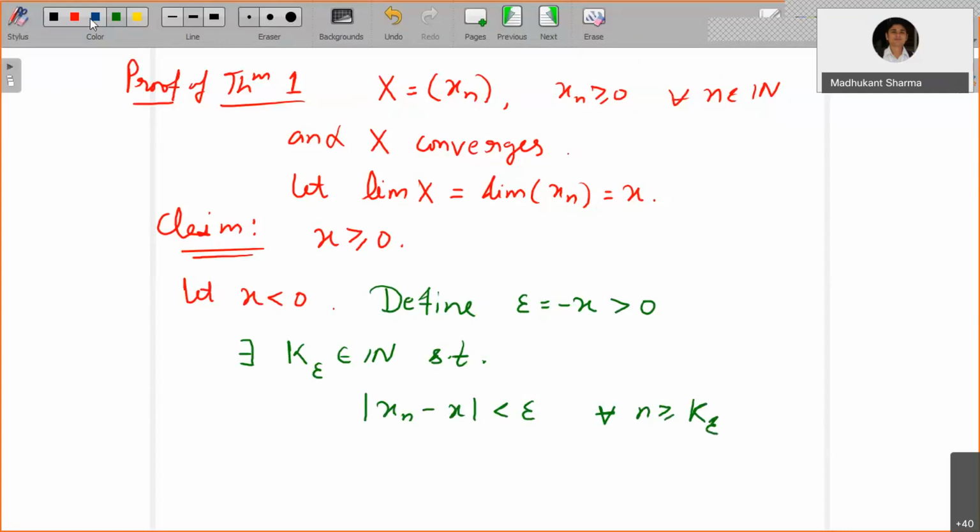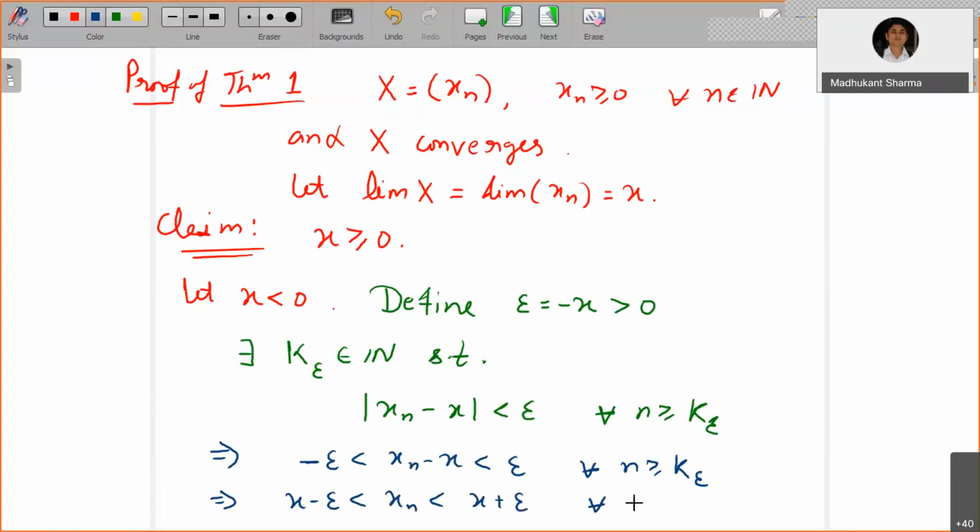Now you use the equivalent definition of the modulus function. If you open it up, minus epsilon is less than xn minus x, which is less than epsilon, for all n greater than or equal to k epsilon. This implies x minus epsilon is less than xn, which is less than x plus epsilon, for all n greater than or equal to k epsilon.